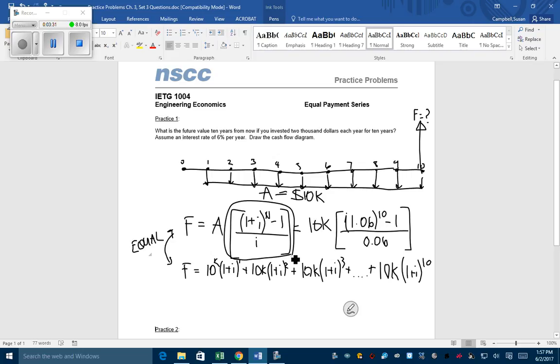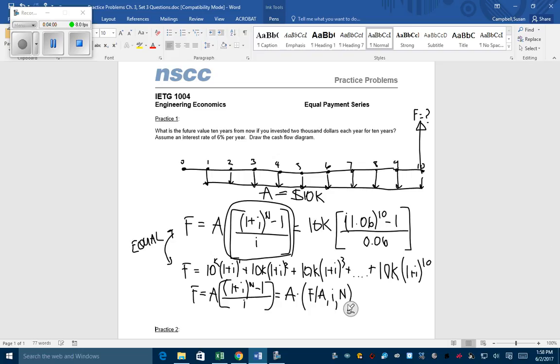So there is a value for a compound amount that we can look up in an interest table, because F equals A times (1 plus i to the n, minus 1) all over i, is equivalent to A multiplied by the interest factor: what is F given A at that interest rate for that period of time.